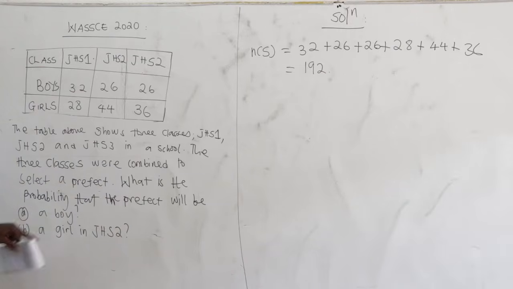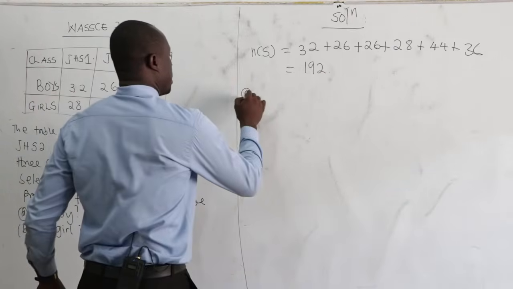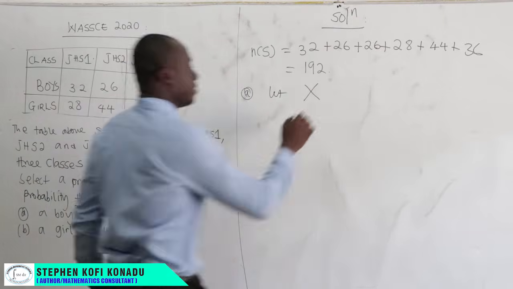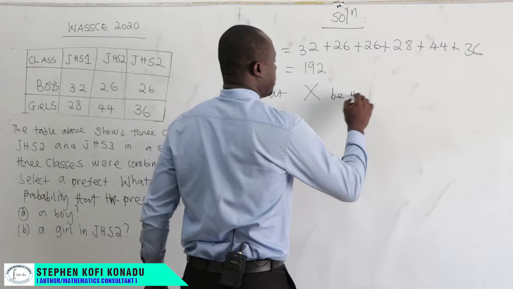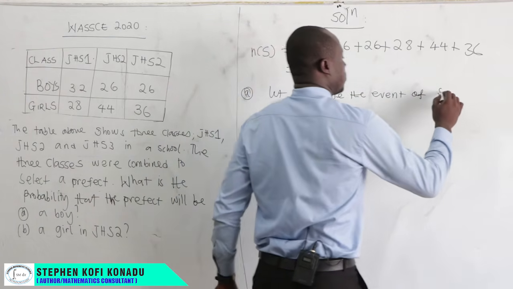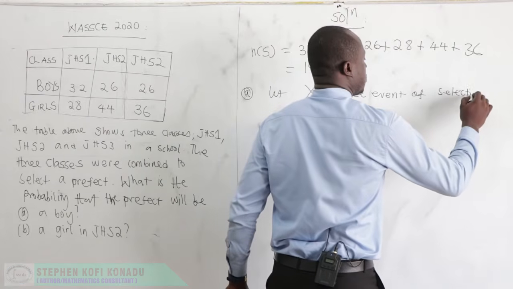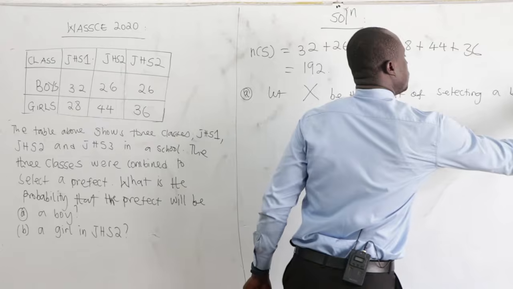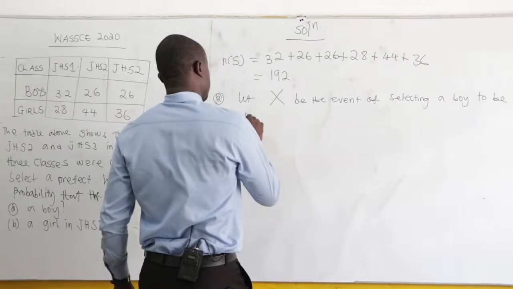So the event is what? A boy. So I can say let X, a capital letter, be the event of selecting a boy to be the prefect.